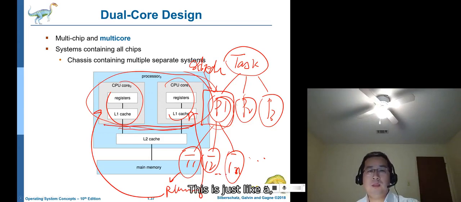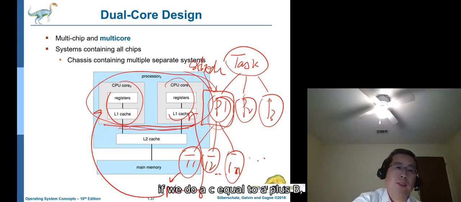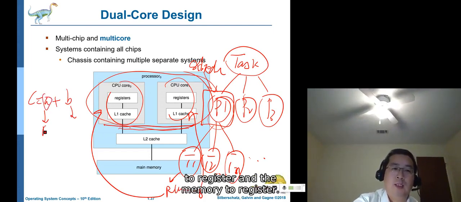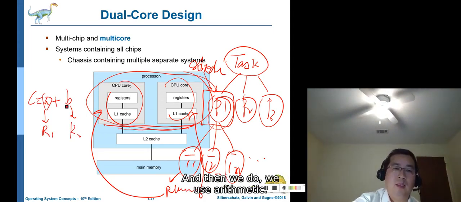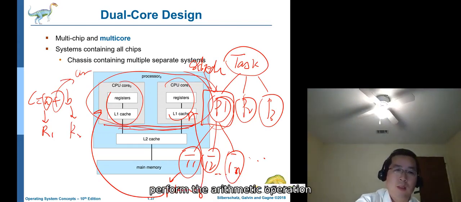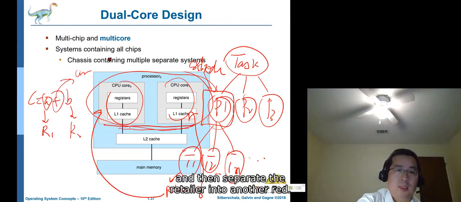Okay, you can find they use the register. They have their own register. We know, for example, if we do C equal to A plus B, we must load the data from memory to register, and then we use the arithmetic hardware to perform the arithmetic operation and then save the result into another register.